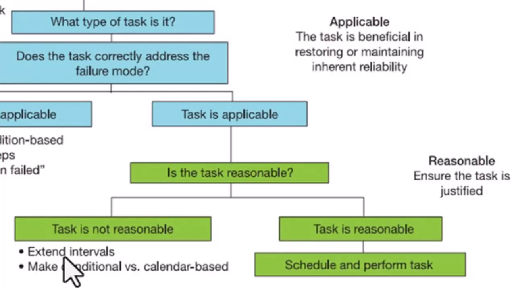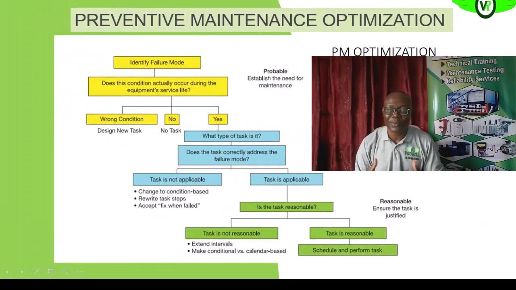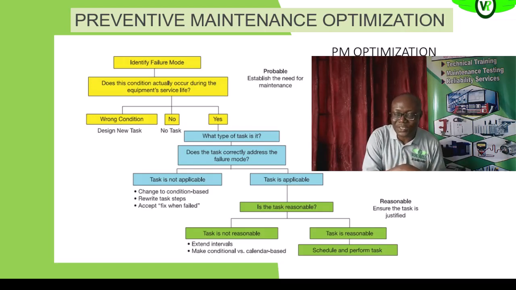Then, if it is reasonable, that is, the task is justified, of course, the scheduled PM task will continue, or we will schedule that task to be performed. So we'll continue with that task. After all of this review, we see that some tasks are not necessary.